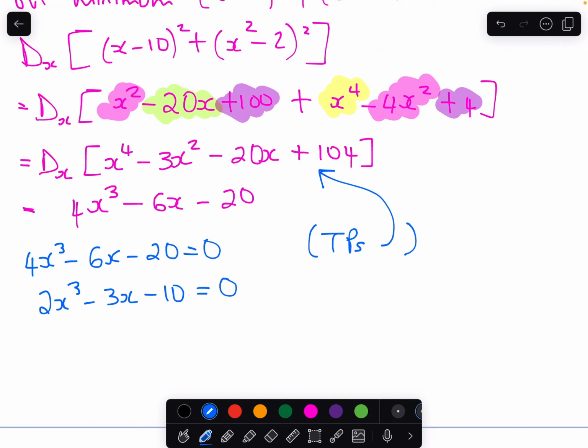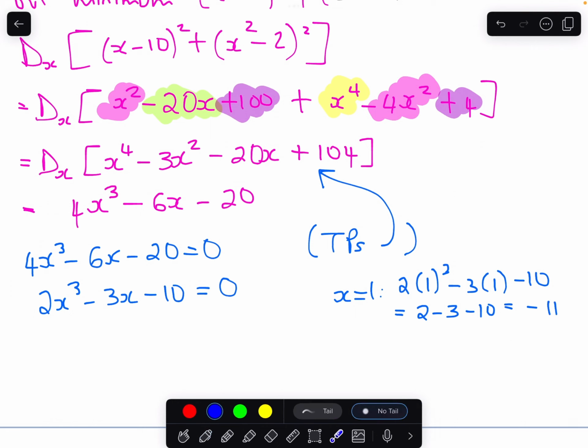Let's just start with guesses. So let's see, when x is equal to 1, what happens? So this is 2 times 1 minus 3 times 1 minus 10, which is 2 minus 3 minus 10, which is minus 11.